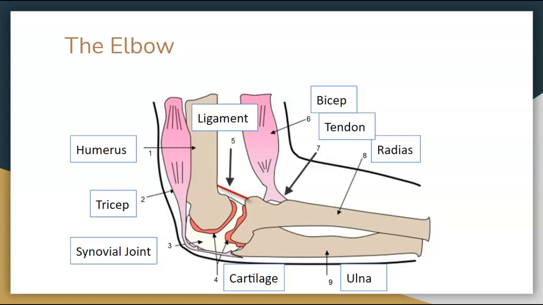So you should be able to both label and explain all of the pieces here. You should know the muscles involved, right? The bicep and the tricep, biceps in the front, triceps in the back. The bone, you have the humerus, then the ulna and the radius. Ulna is on the pinky side, radius is on the thumb side, and then the synovial joint itself. Going back to the slide before where you would be able to label and annotate it.